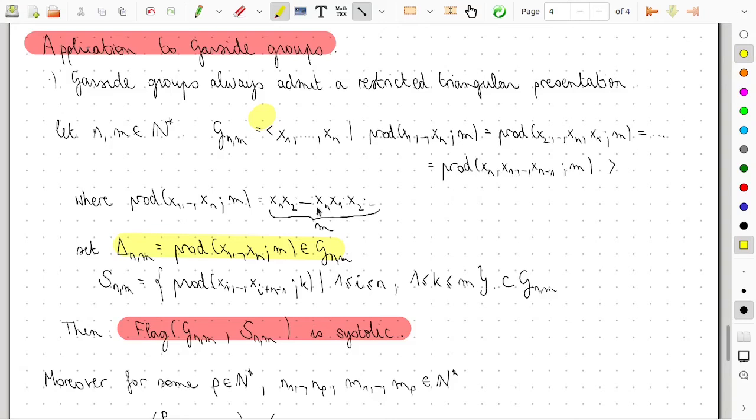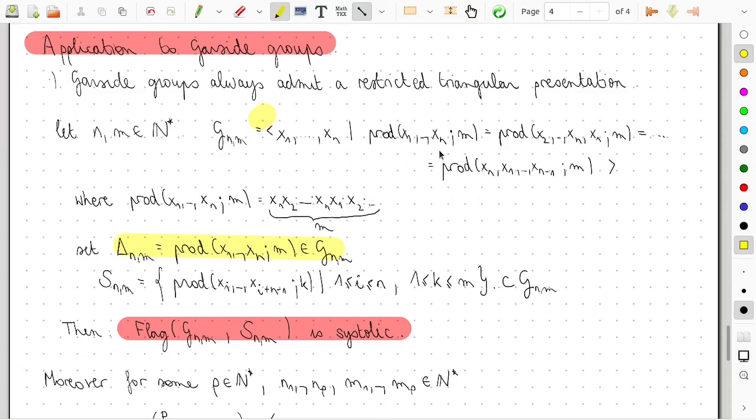This product is defined in the following way. The product x1 to xn of length m is a product of x1, x2 until xn. Then I start over with x1 and keep going until I have m letters. I will later use this notation where this special product in the group is called delta_{n,m}.